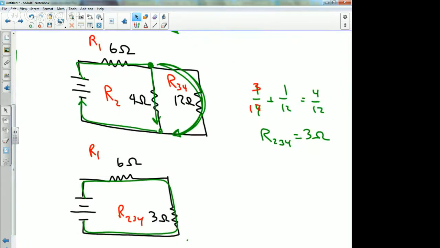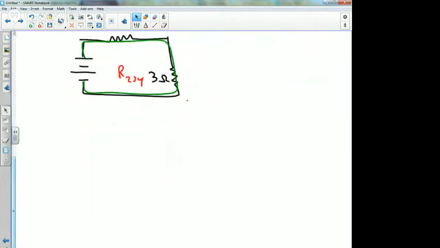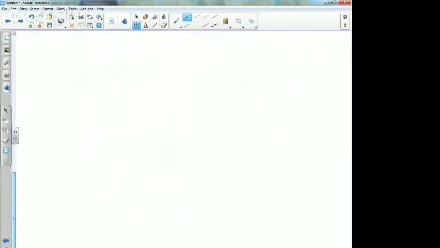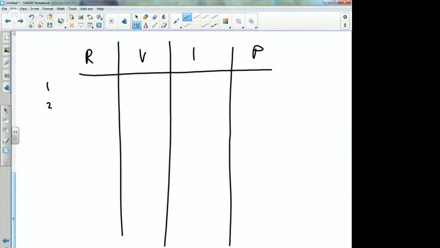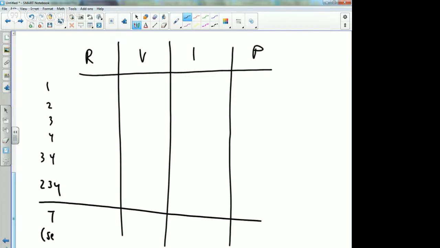So I now make my RVIP chart. One, 2, 3, 4. I combine 3 and 4. I combine 2, 3, and 4. And then the total, which in this case is a series circuit.